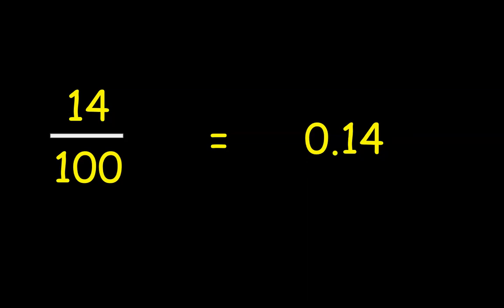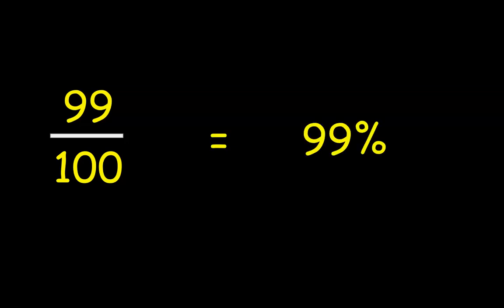This is not going to be a big part of this video, but note that 14 hundredths is also 0.14. There you go. 25 hundredths as a percentage is 25%. 25 out of 100, 25%. 3 out of 100 is simply 3%. 99 out of 100 is 99%.